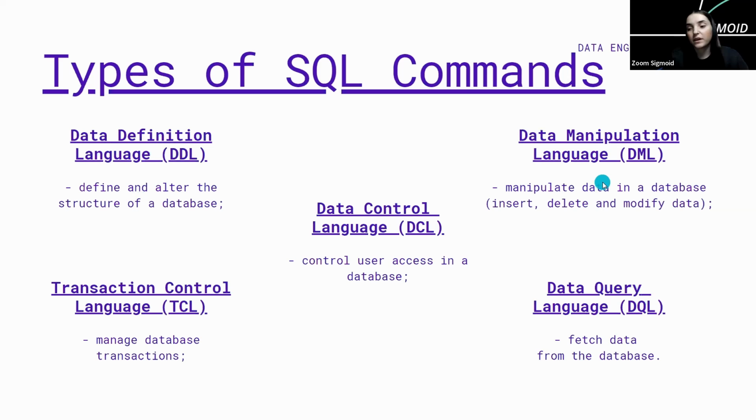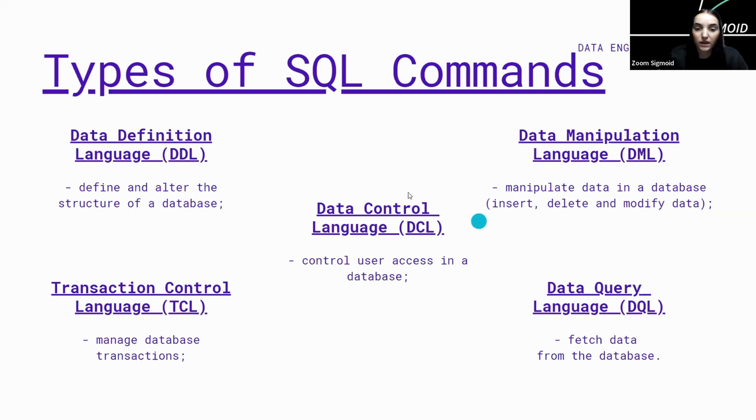Data Manipulation Language is, let's say, the commands that allow you to manipulate data in a database. This manipulation involves inserting data into a table, deleting the data, and modifying the data.